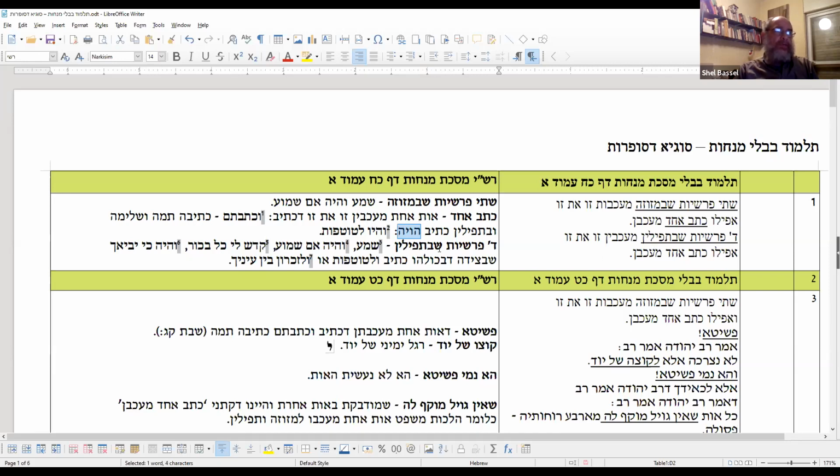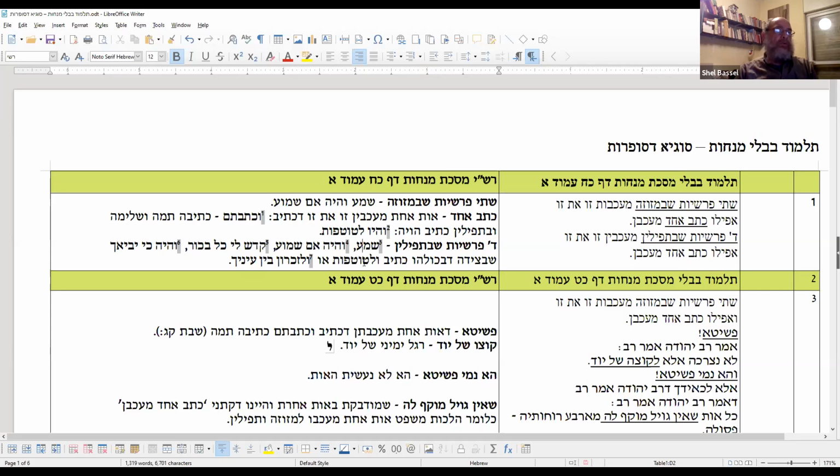Arba parshiot shebitefillin, and so he lists the four parshiot: Shema, Vehaya Im Shamoa, Kadesh Li Kol Bechor, and Vehaya Ki Yeviacha, shebit tzidam. Kadesh Li Kol Bechor and Vehaya Ki Yeviacha are next to each other, right, those two parshiot come next to each other.